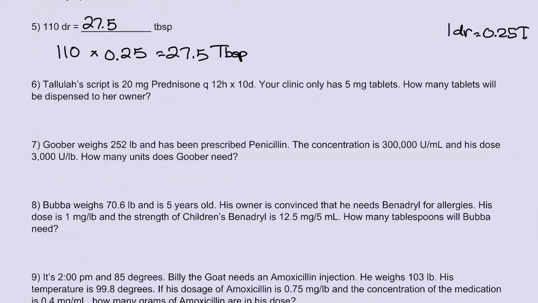We do know that she needs a total of 20 megs per day, right? And we have 5. So every single day, she's going to need how many of those? If you do 5 into 20, that means every day she's going to need 4 pills, right? And that's for the entire day.